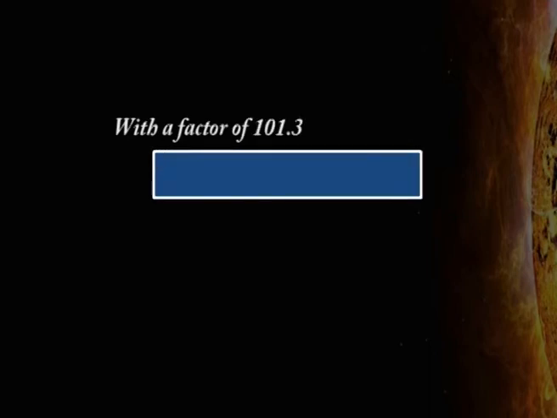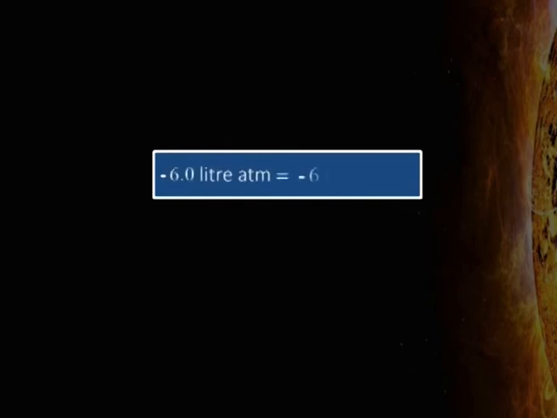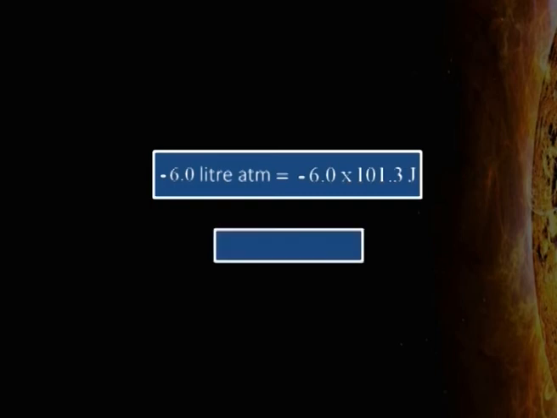To convert the work in liter atmosphere to the units of joule, we have to multiply the work in liter atmosphere with a factor of 101.3. Therefore, minus 6 liter atmospheres will be equal to minus 6 multiplied by 101.3 joules, equal to minus 607.8 joules.